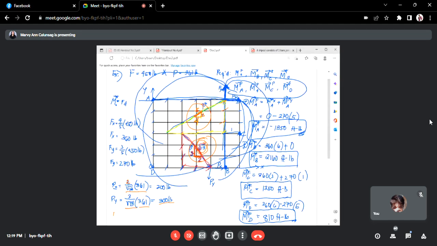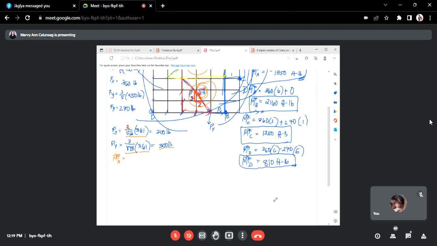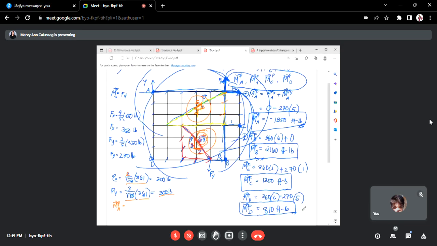Moment of P about A, moment of P about B, moment of P about C, and moment of force P about D. We will consider clockwise rotation as positive again.